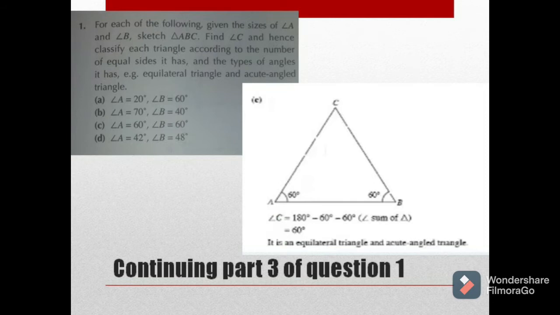So the third angle is equal to 60 degrees. All of the angles in this triangle are equal to 60 degrees. So this is an equilateral triangle and an acute angled triangle, just because it has no angle equal to 90 degrees or greater than 90 degrees.